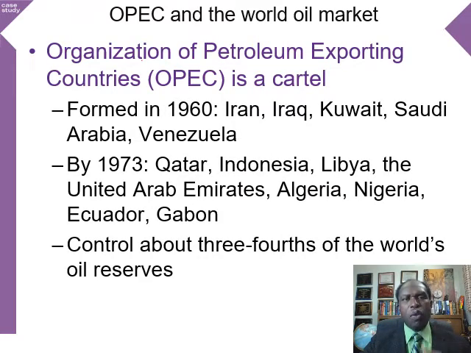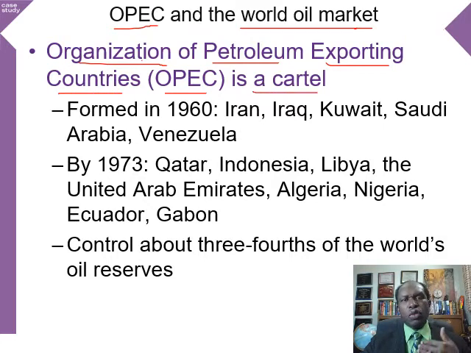Another example of an oligopoly game is OPEC and the world oil market. OPEC, the Organization of Petroleum Exporting Countries, is a cartel. It was formed in 1960 with only five countries: Iran, Iraq, Kuwait, Saudi Arabia, and Venezuela.